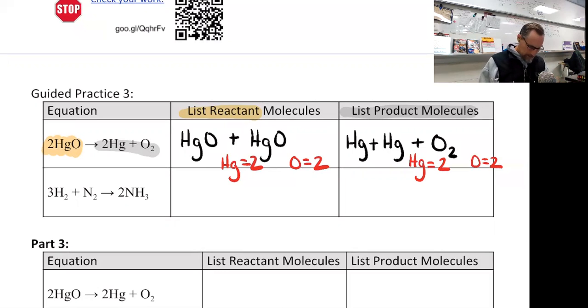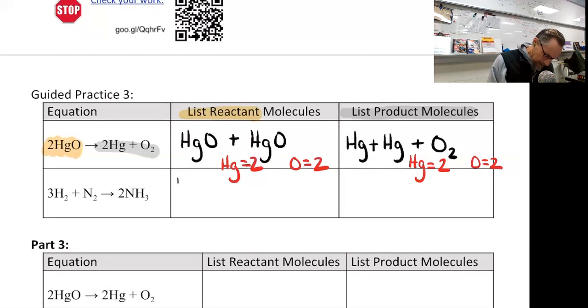So let's go ahead and do this next example. So this next one, that 3 only applies to the hydrogen, but nothing after that plus sign. So that would be like H2 added to H2 added to H2 added to N2.